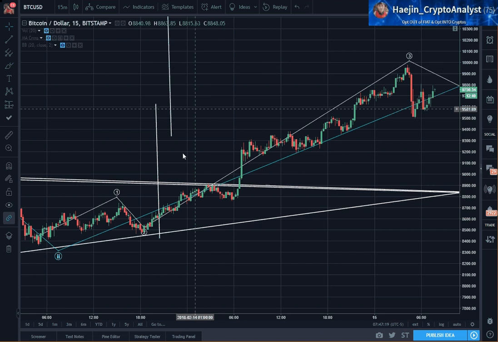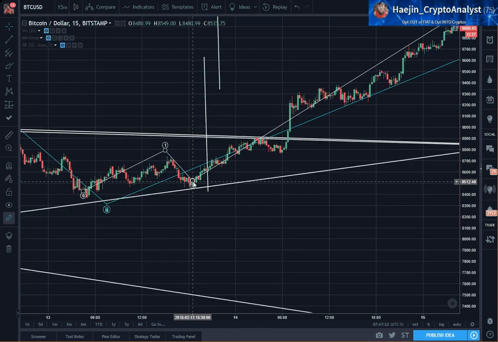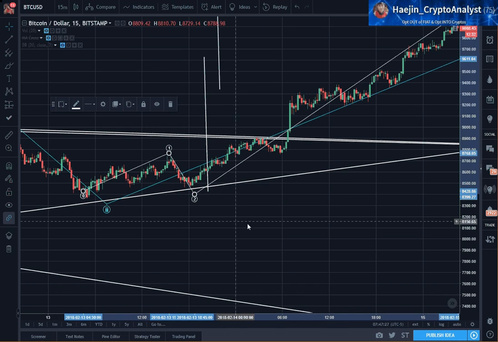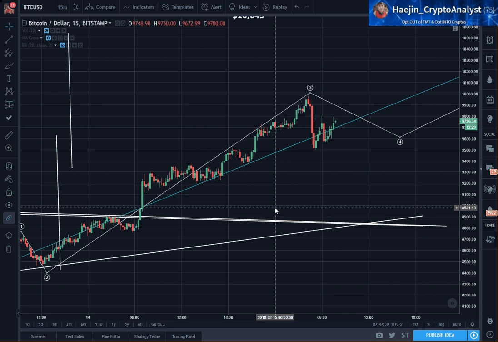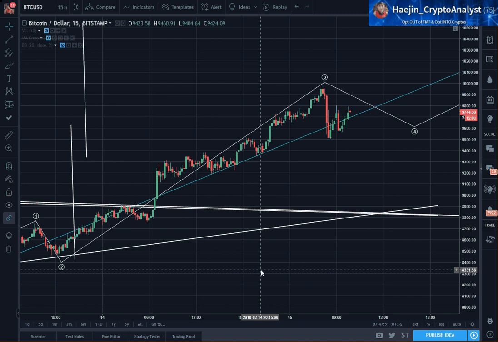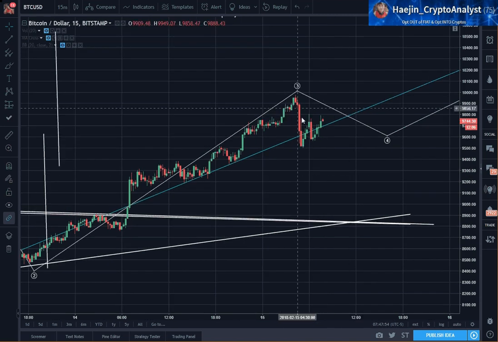Notice how here wave 2 was a very simple correction, ABC. That means I think wave 4, if there's an alternation going on in play, where wave 4 alternates with wave 2. So if wave 2 was a very simple correction, more likely wave 4 will be on the complex side.